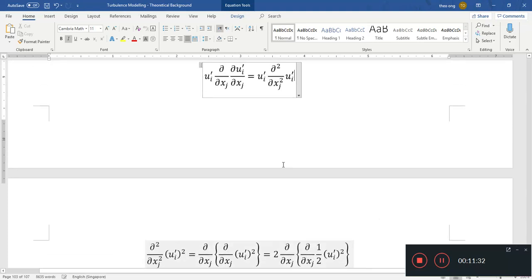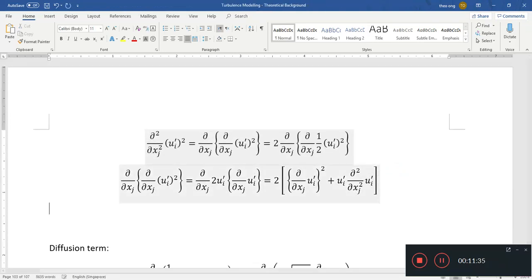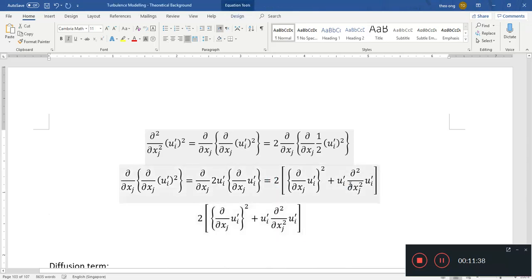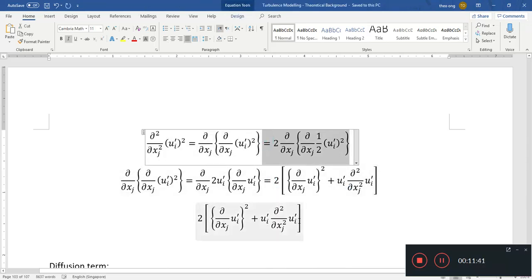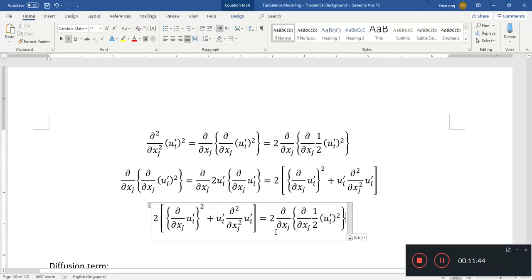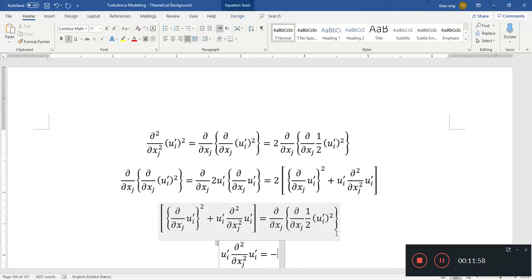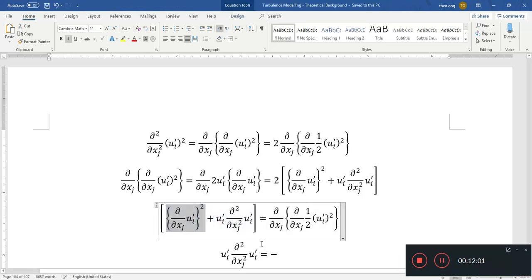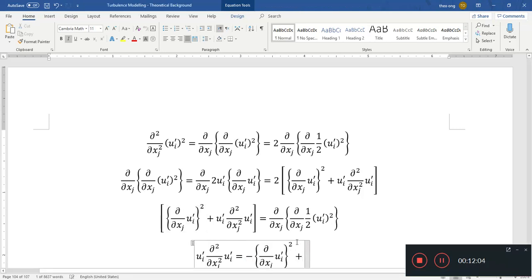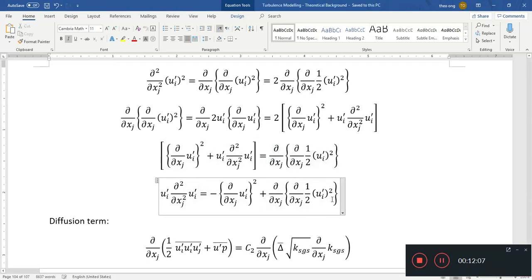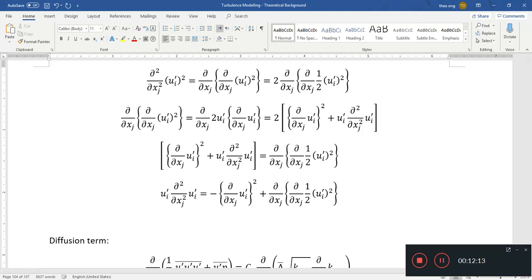Making this the subject, I will have this equal to the above here. I can take off the 2 on both sides, and I will have this thing become the subject, and I will have a negative of this plus this term. This is a second derivative of the subgrid scale kinetic energy.